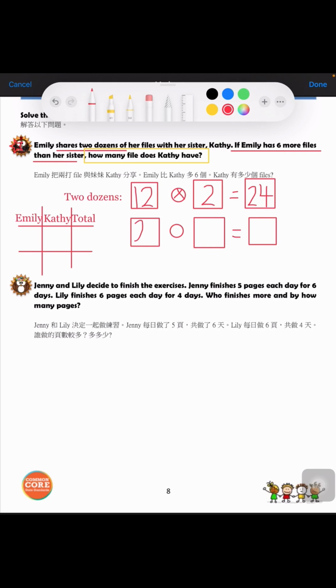We may first assume that Kathy and Emily both have the same number of files. Then the number of files they each have would be 24 divided by 2, which equals to 12. Since Emily has 6 more files than her sister, so we may divide 6 by 2, which equals to 3.